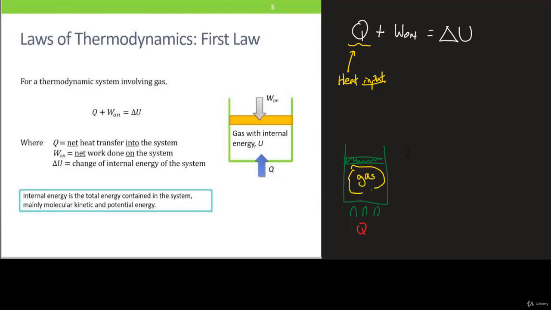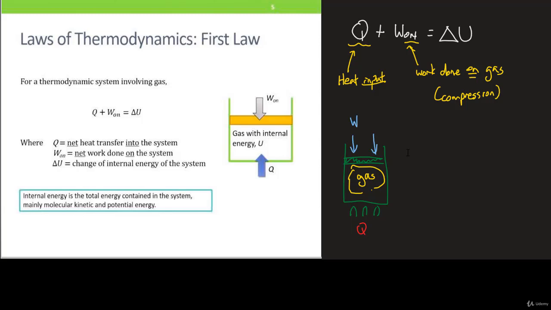What is W on? Why is there a subscript on? W on means the amount of work you do onto the gas, work done on the gas. In other words, work done on gas is a compression process. Let's say a gas initially contains this amount of air inside.